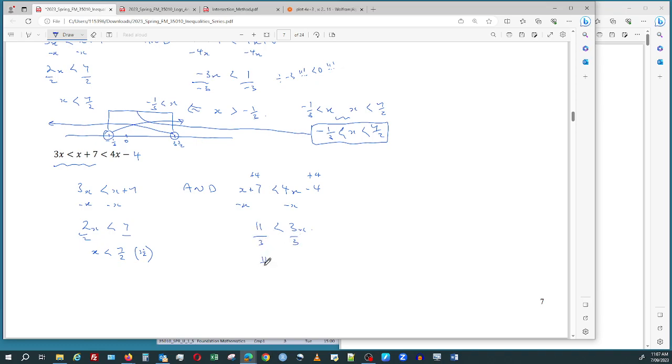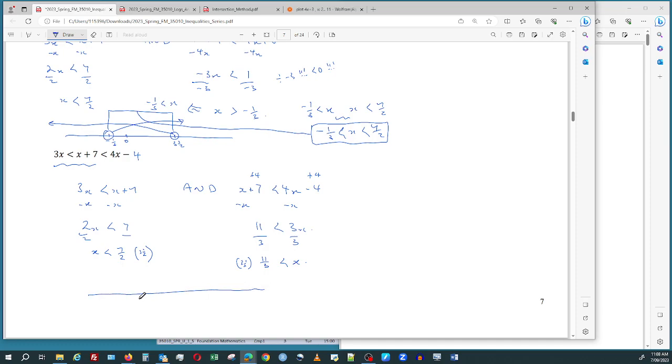So 11 on 3 is less than x. Now 11 on 3 is 3 1/3. So we've got a couple of interesting values that are close. 3 1/3 is slightly bigger than 3.5.